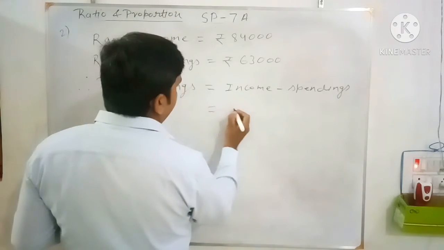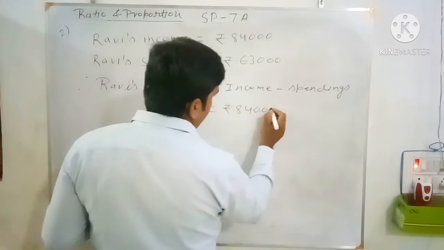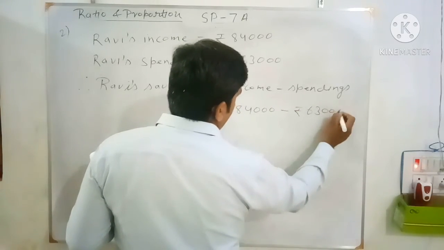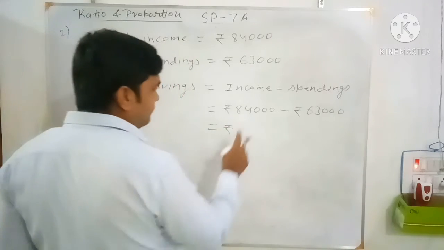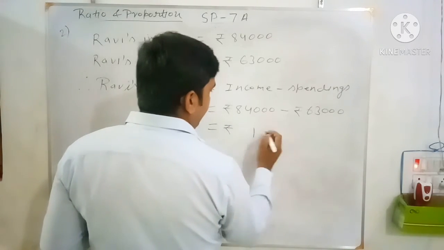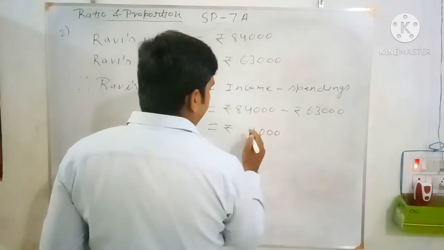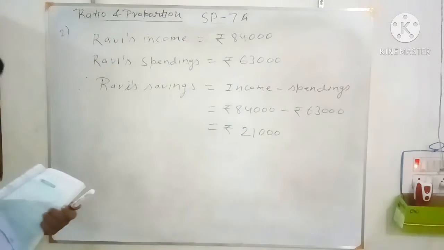So income is 84,000 and spending is rupees 63,000. If you subtract, you will get 4 minus 3 is 1, and these 3 zeros will be there. 4 minus 3 is 1, 8 minus 6 is 2, so 21,000. So the saving of Ravi is 21,000.